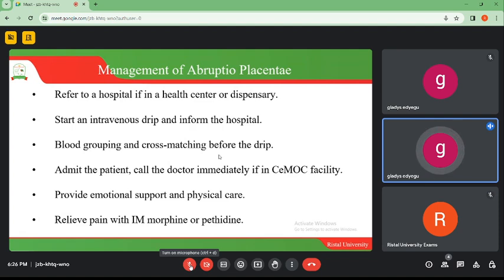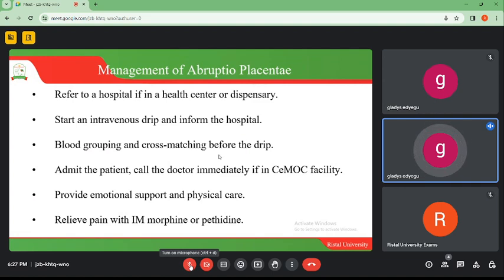So admit the patient when they are referred to a small facility. You have to admit her. Call the doctor immediately if in a small facility. So if you are the midwife in the comprehensive emergency obstetric and newborn care facilities, where there is a theater, where there are blood transfusion facilities, and the doctors are there, please make sure that you call the doctor immediately.